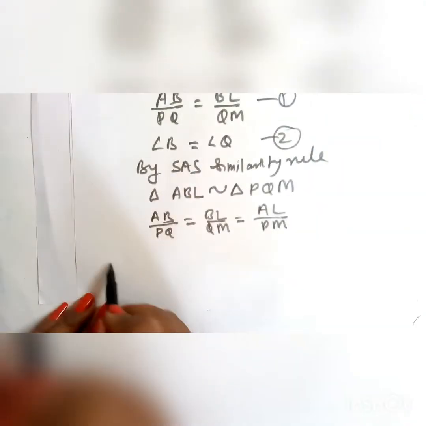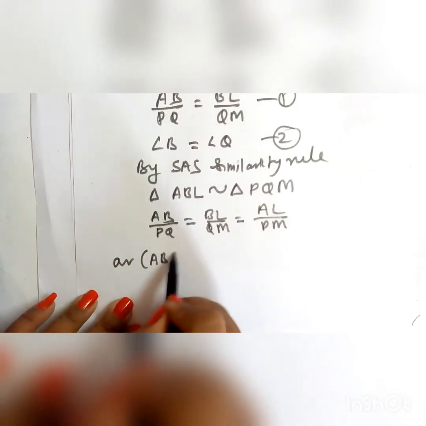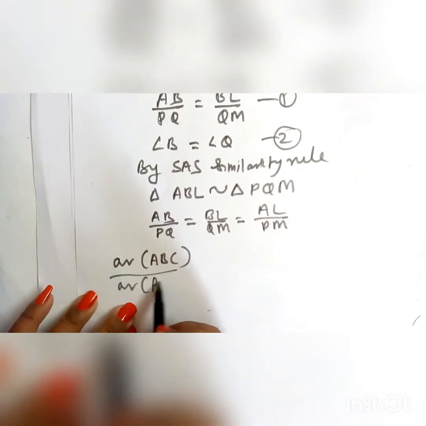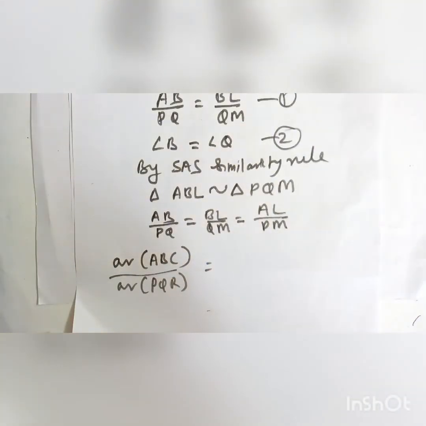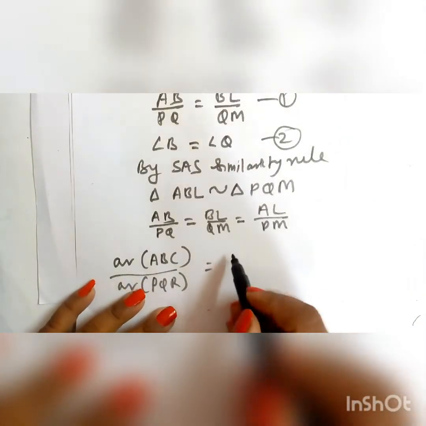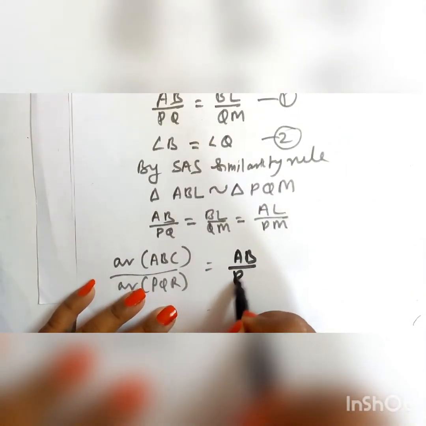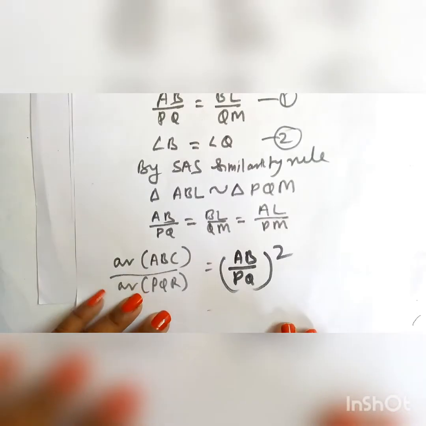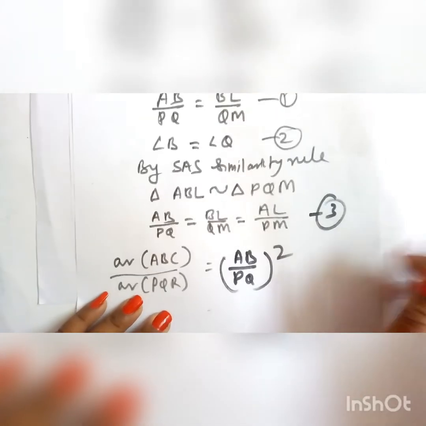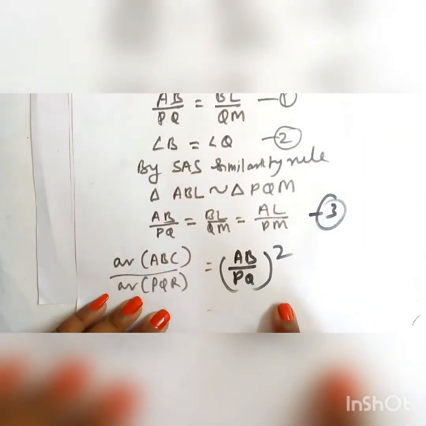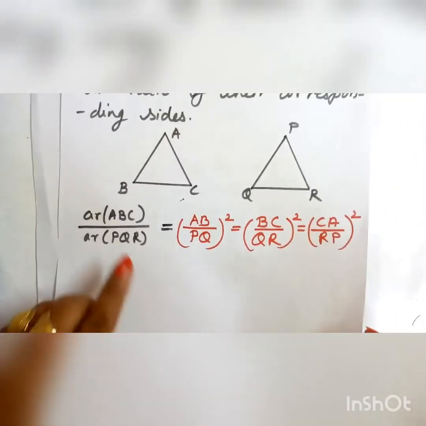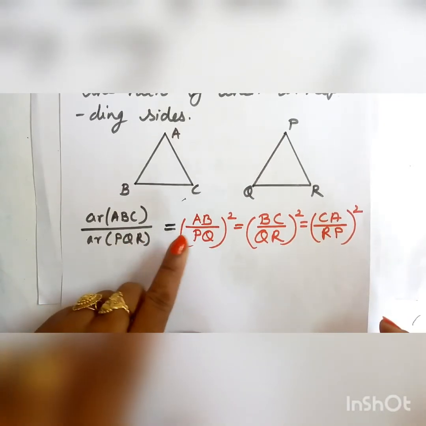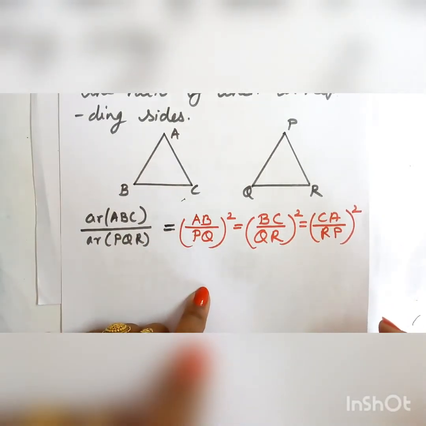Now we know that area of triangle ABC upon area of triangle PQR is equal to the square of their corresponding sides. It means AB upon PQ whole square, because of the theorem that I already showed you: when two triangles are similar to each other, the ratio of their areas is equal to the square of the ratio of their corresponding sides.